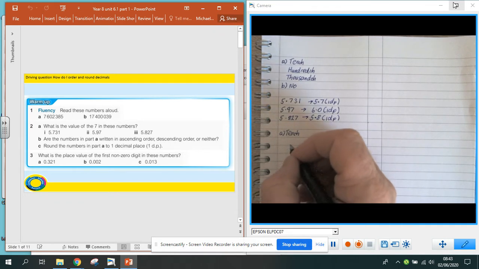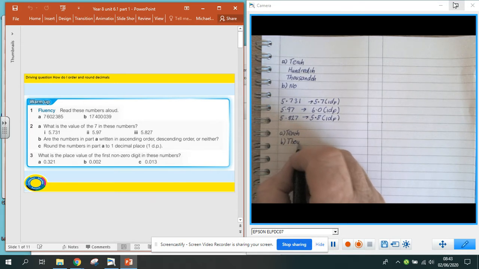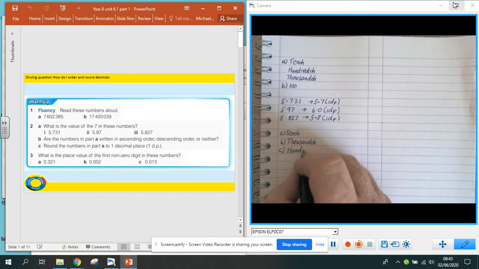When I look at my next number, it's the third place of decimals. So that is a thousandth. And lastly, the first non-zero number is in the second place of decimals, so that is a hundredth.